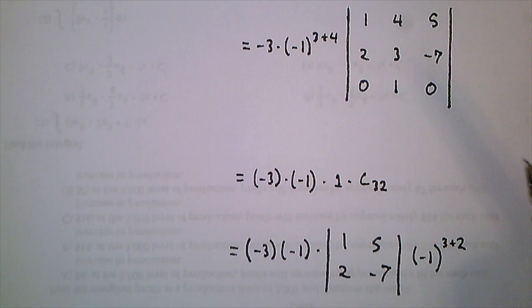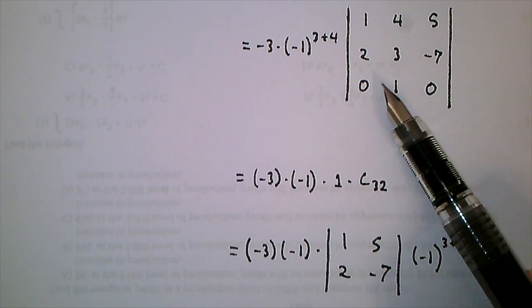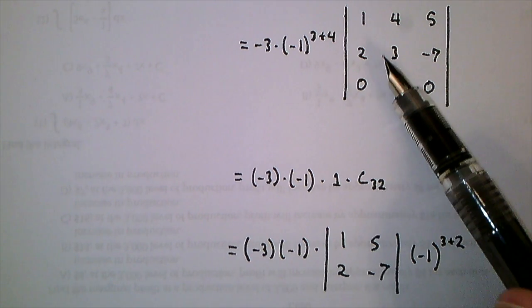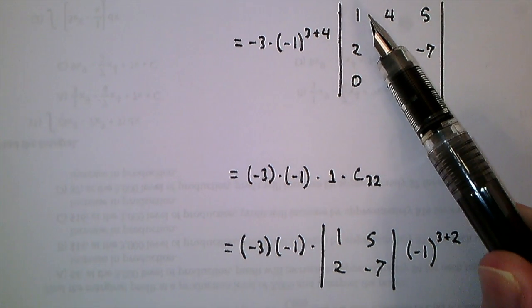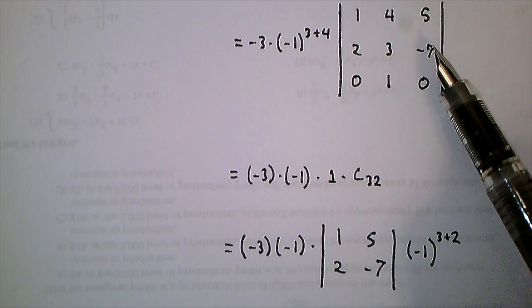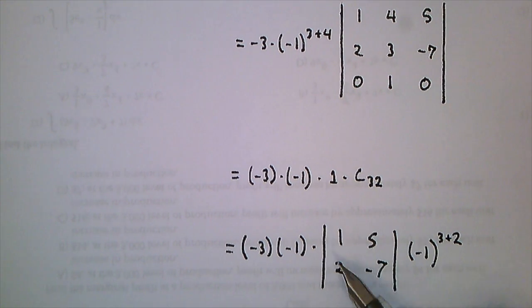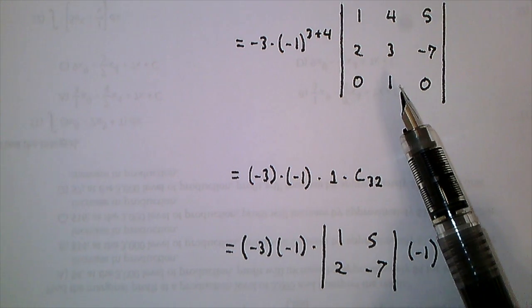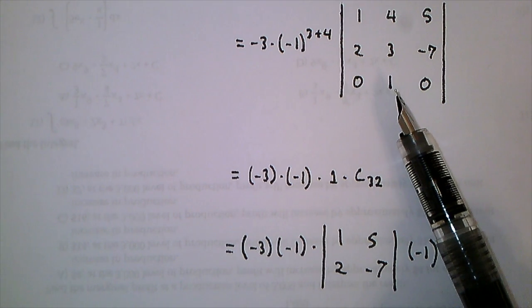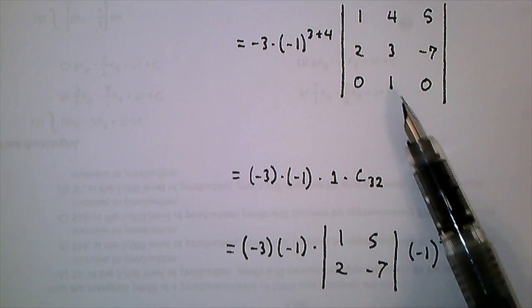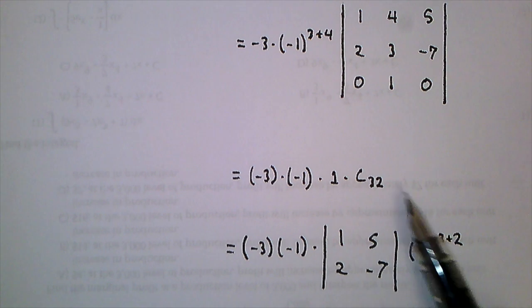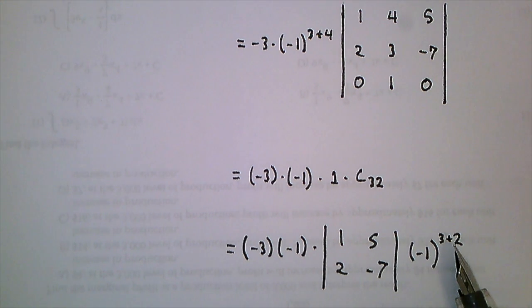Okay. So to find C32, we delete the third row and the second column, and then we find the determinant of what's left over, the 1, 2, 5, minus 7. We also need to decide if this corresponds to a positive or a negative, so you could think back to the pattern, or you can again do minus 1 to the 3 plus 2. So minus 1 to the 5, this is negative, so it'll have an extra minus sign on it.